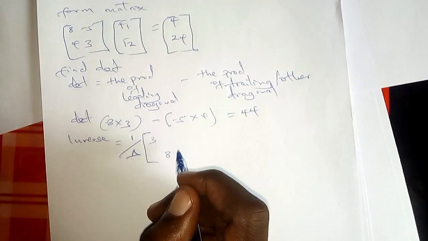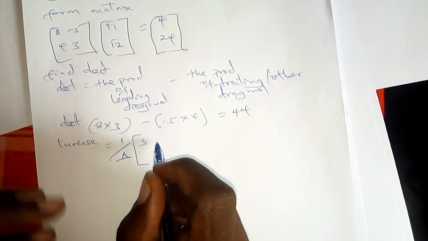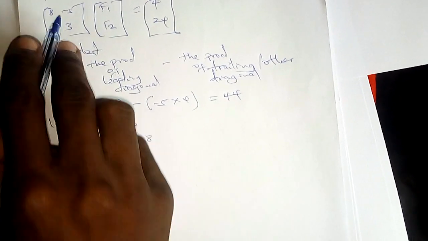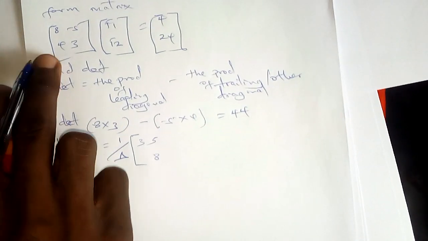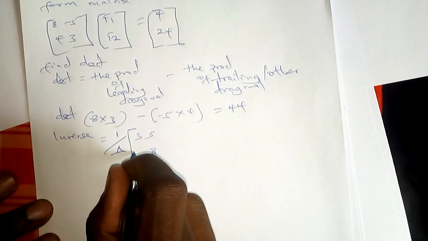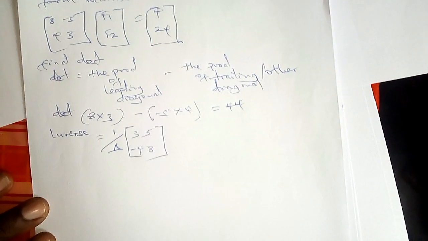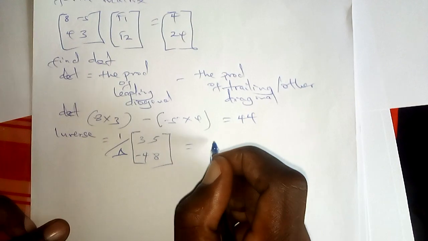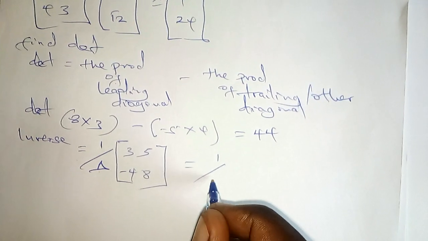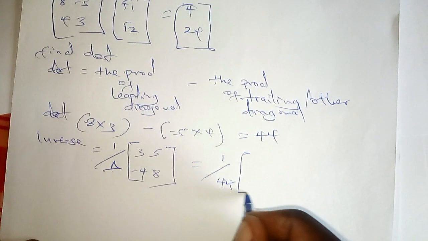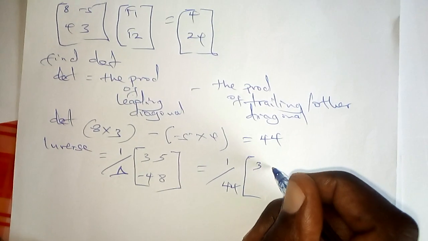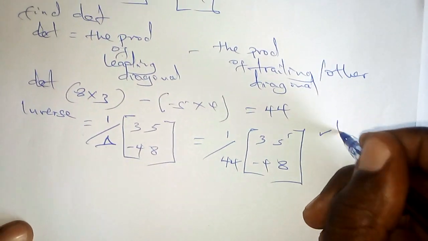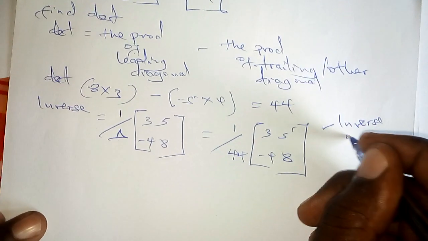So from the formed matrix, it was negative 5, now you give it positive, and this was positive 4, now you give it negative 4. Here we set the determinant as 44, so it will be 1 over 44. Then you just copy paste this one, and this is the inverse of that matrix.